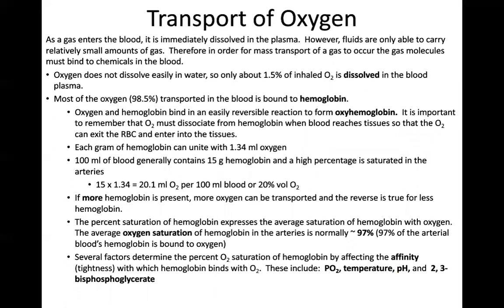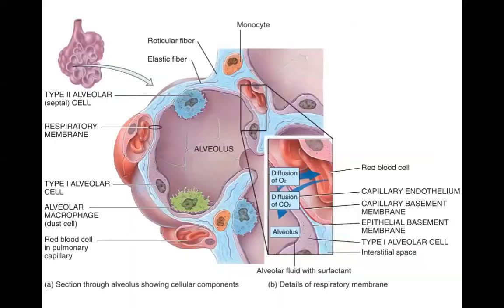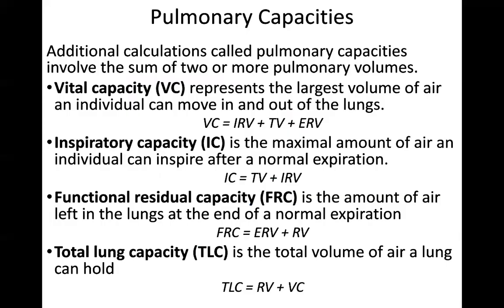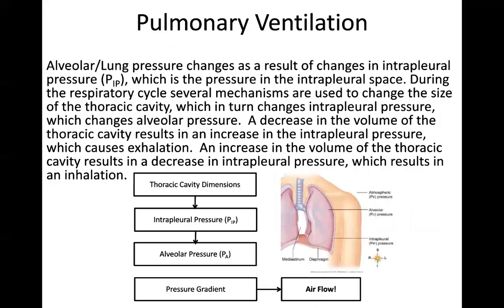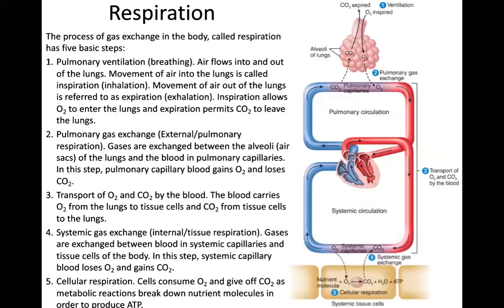Okay, now going back to that early slide we talked about on Tuesday. We've talked about number 1, pulmonary ventilation, on Tuesday. We just finished talking about 2 and 4, pulmonary gas exchange and systemic gas exchange.